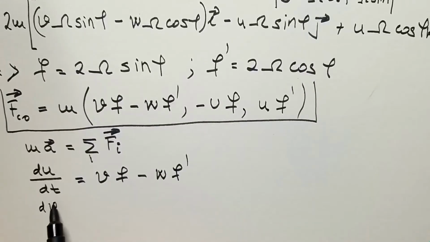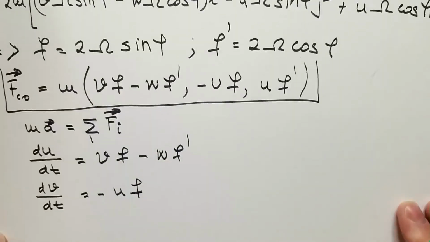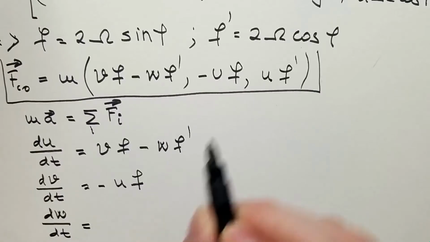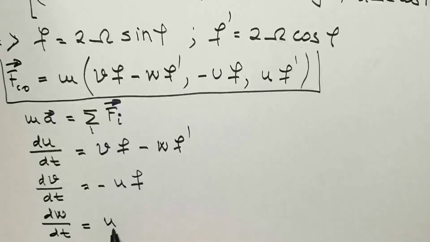Acceleration in the j direction, or the v component of acceleration, will be minus uf, and acceleration in the vertical direction will be this third component, uf prime.